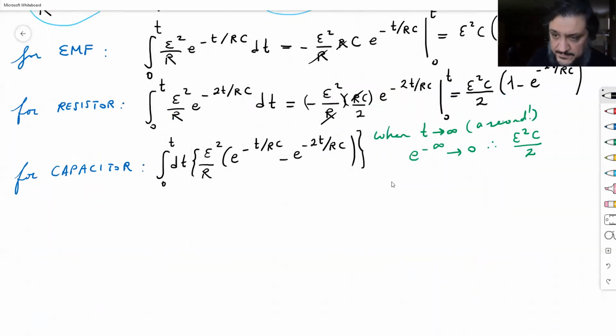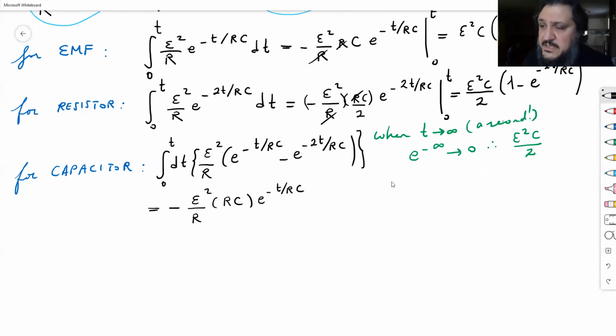Let's do it to find the energy stored in the capacitor. This is just like we did before, negative E squared over R times RC, e to the negative t over RC. And then there's a negative here.